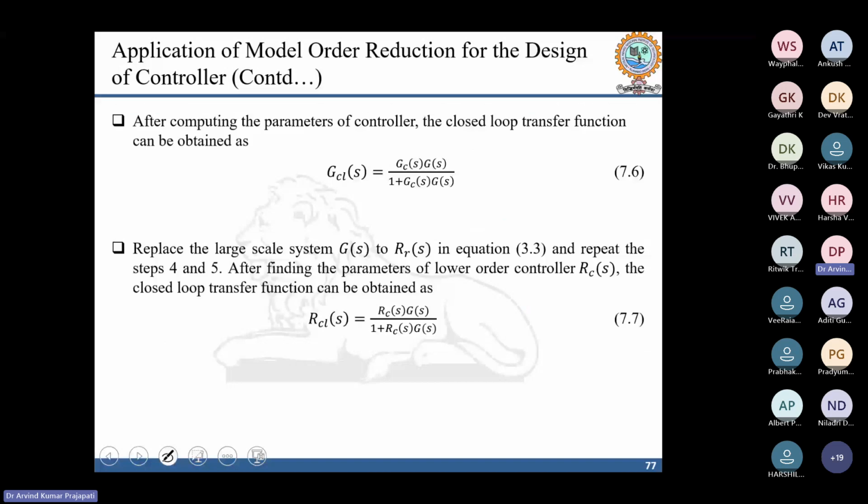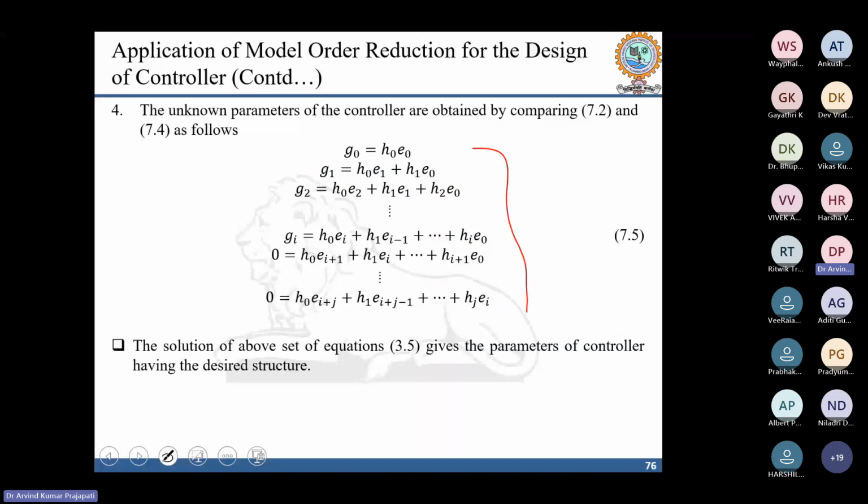So this is your system, this is the controller, and this is the closed loop response. Here you can see we are determining the controller by using the original system.